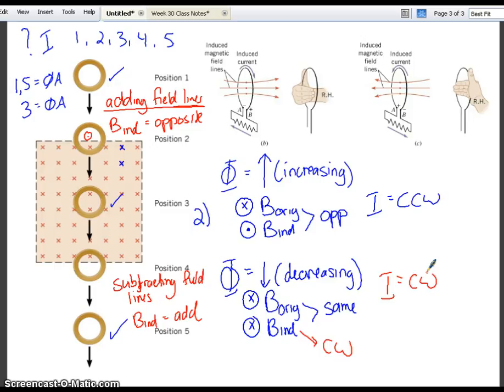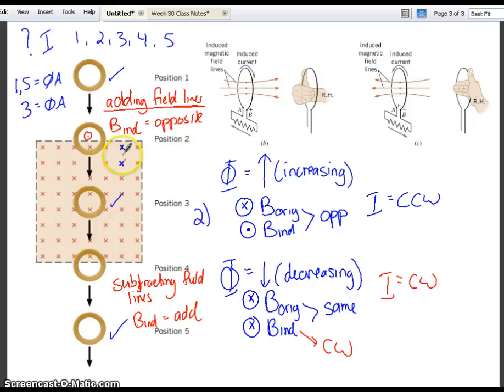So, if what I just said doesn't make sense, I understand. It takes a little while to get this concept. This chart I gave you is what you need to understand. If the magnetic flux is increasing, the induced field is going to be opposite the original field.